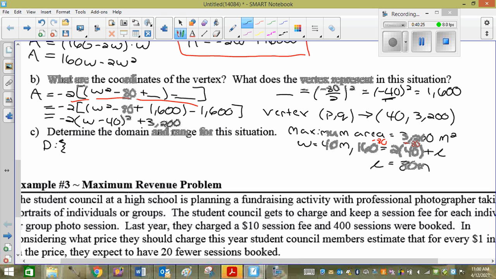Amelia? You're just finding the other x-intercept, right? Yes, Tyler. For the domain and range, I got x such that x is an element of the reals, and for the range, I got y such that y is less than or equal to 3,200.